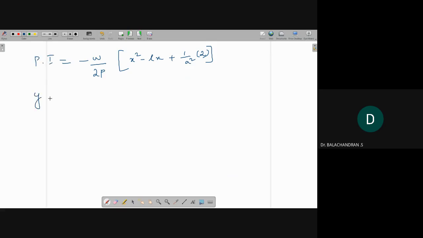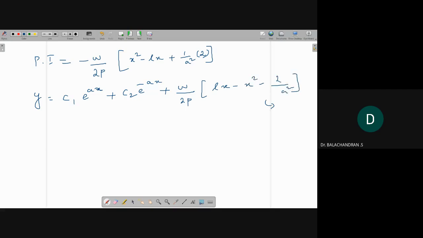Now the general solution y is equal to c1 into e power ax plus c2 into e power minus ax, take minus commonly, plus omega by 2p into lx minus x square minus 2 by a square.